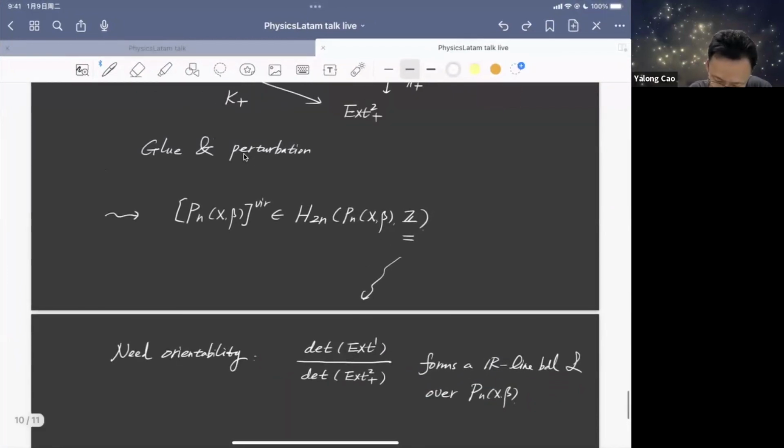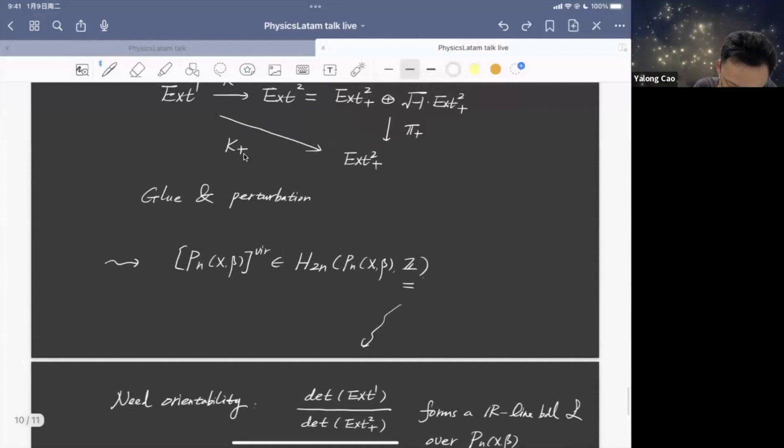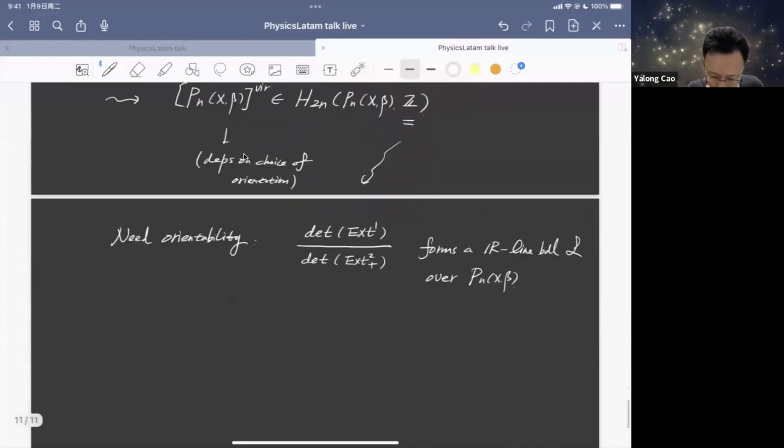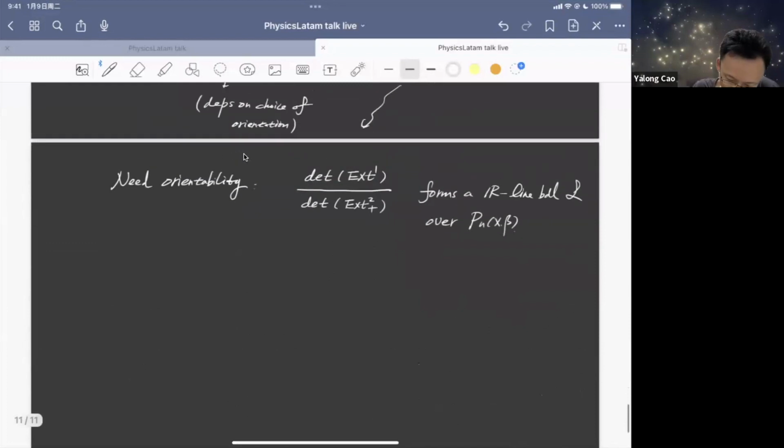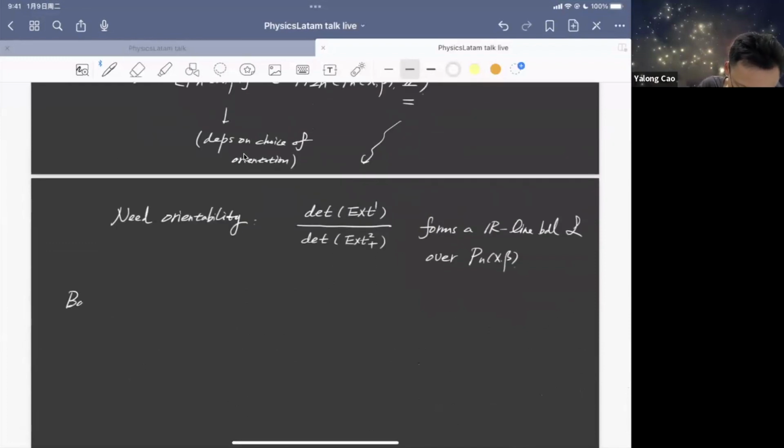And furthermore, I want to say that this virtual class depends on this choice of orientation. Yeah, it's a little bit subtle here. Okay, so now having this cycle, we want to go back to this curve counting.